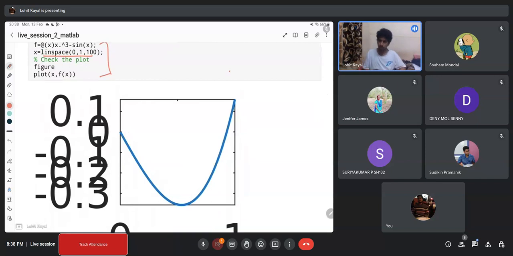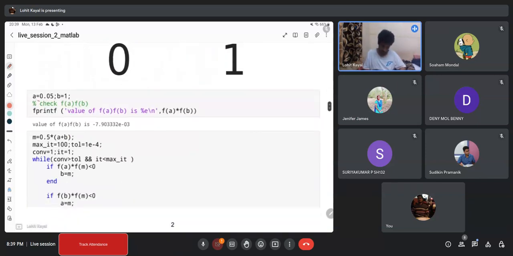So I first plot this to get an initial guess. Here my guess is a equal to 0.05 and b equal to 1, because at a equal to 0.05 it is negative, and at b equal to 1 it is a positive number.